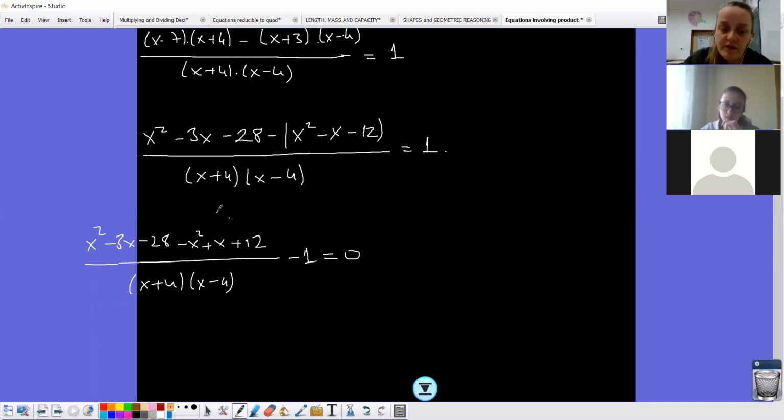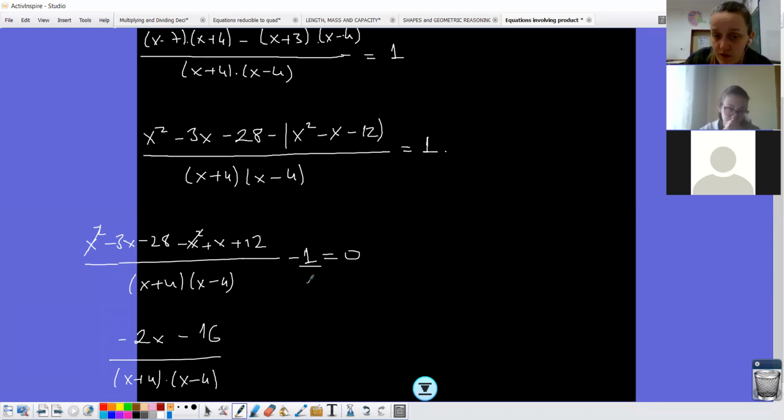Now, let's see this numerator. X squared minus x squared, these two will cancel. Minus 3x plus x will be minus 2x. Minus 28 plus 12 will be minus 16, over x plus 4 times x minus 4.